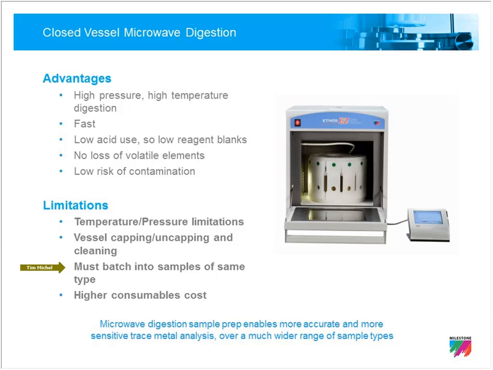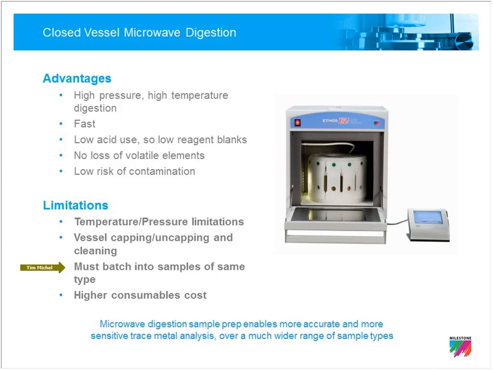Another limitation of traditional benchtop systems is that you have to batch like samples together. There's no way of actually controlling the temperature in every vessel in these systems. All those samples are exposed to the exact same microwave energy, and they're all going to react differently. Different acid chemistries absorb microwave energy differently.